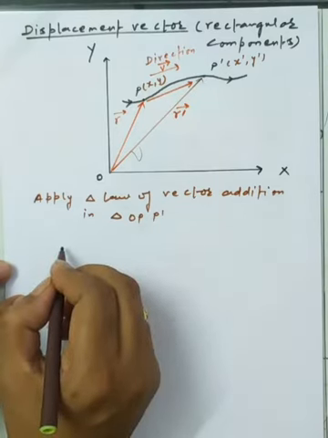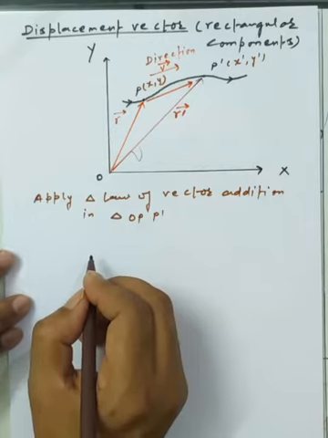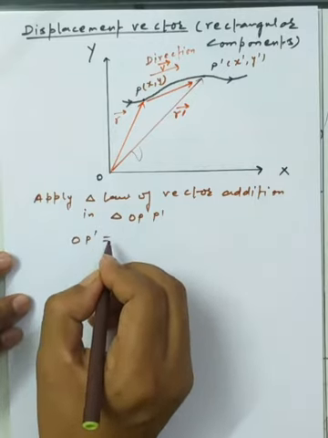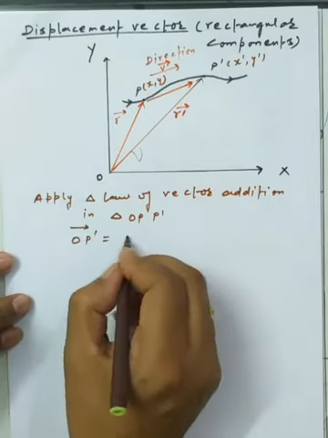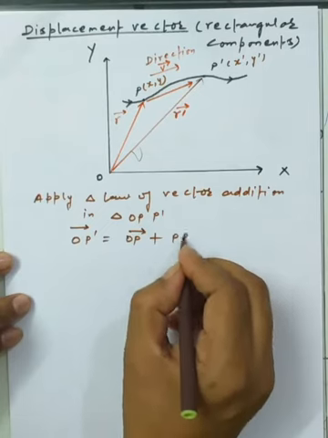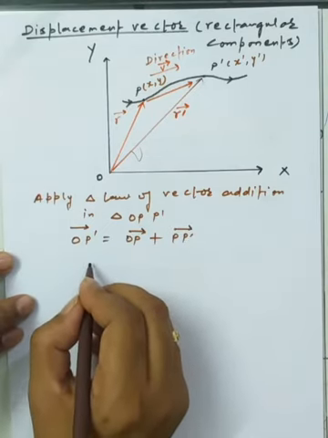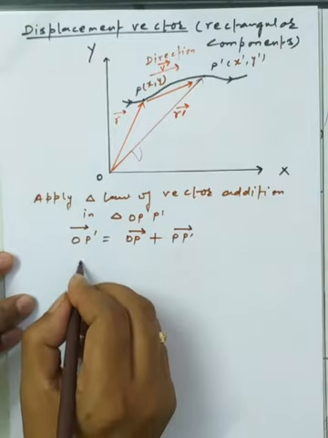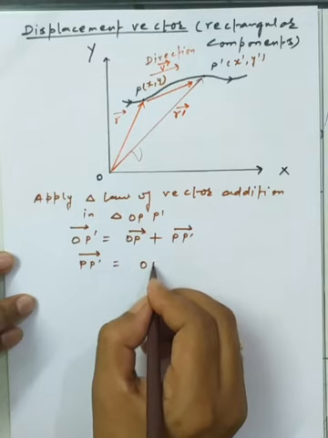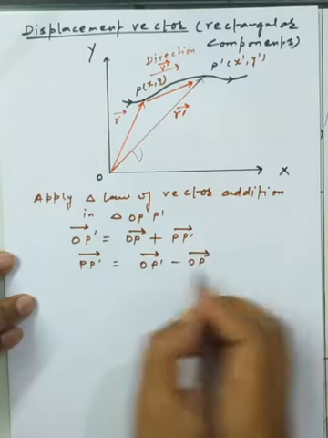So we know that two sides should be in the same order and the third side will be in the opposite order. So I am writing vector OP dash is equal to OP vector plus PP dash vector. We have to find out the displacement, so we are separating it: PP dash vector is equal to OP dash vector minus OP vector.